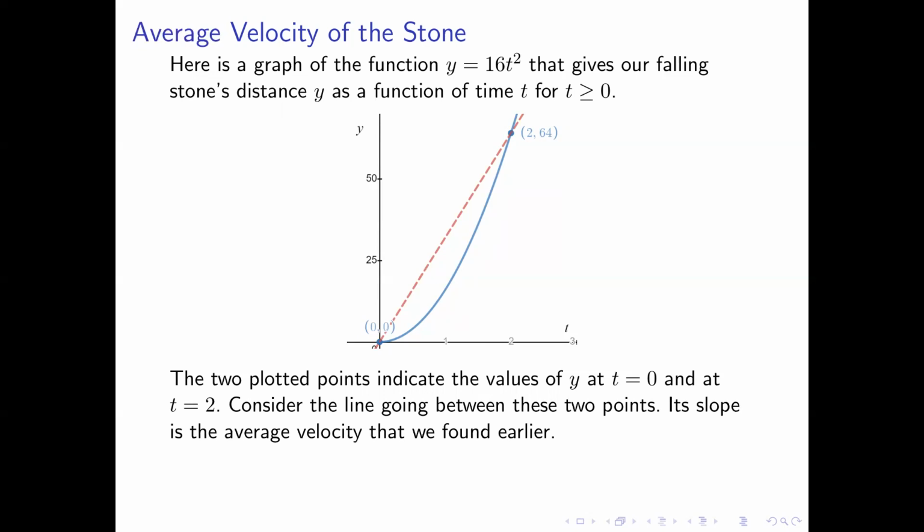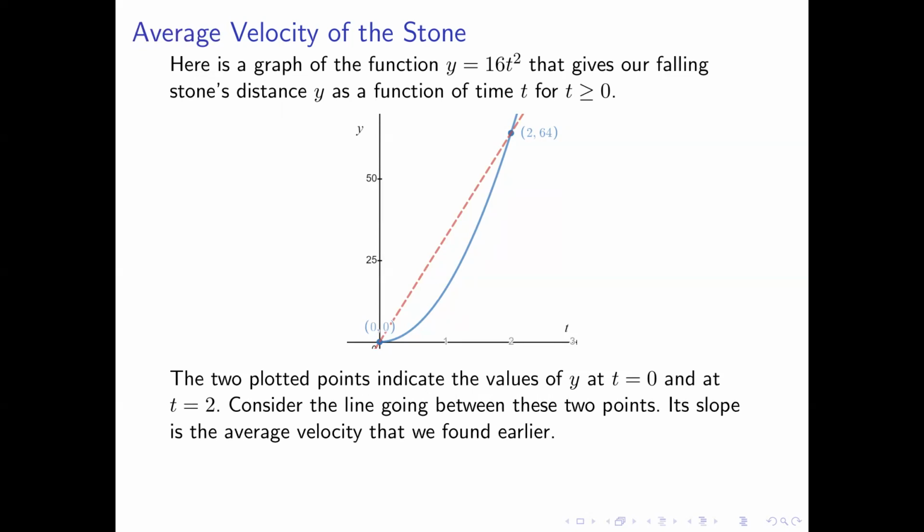The slope of that line is the average velocity that we found earlier, 32 feet per second. If you go back and look at the calculation we did to find the stone's average velocity over those 2 seconds, you'll see we did the same calculation that we would use to find the slope of that line, y2 minus y1 over, in this case, t2 minus t1.